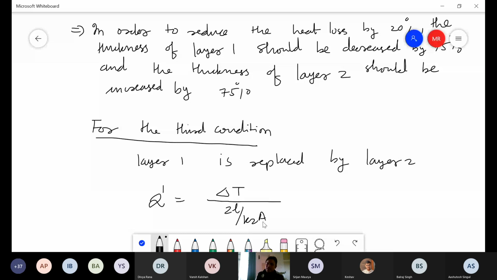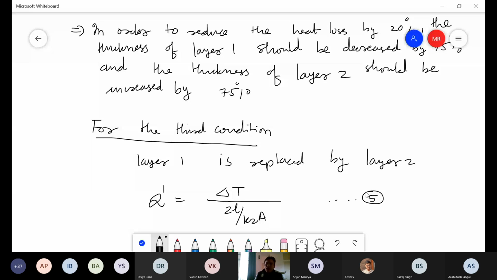Area of the cross section remains same. The thickness of the complete slab is now going to be 2L, because both layer 1 and layer 2 are made up of the same material as layer 2 now, isn't it? And delta T, which is nothing but the driving force, remains as it is. So this is, let's say, equation number 5.